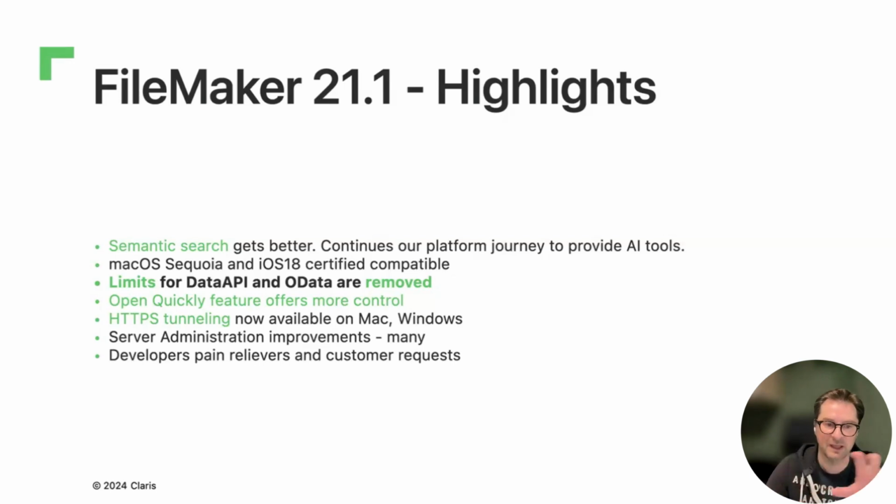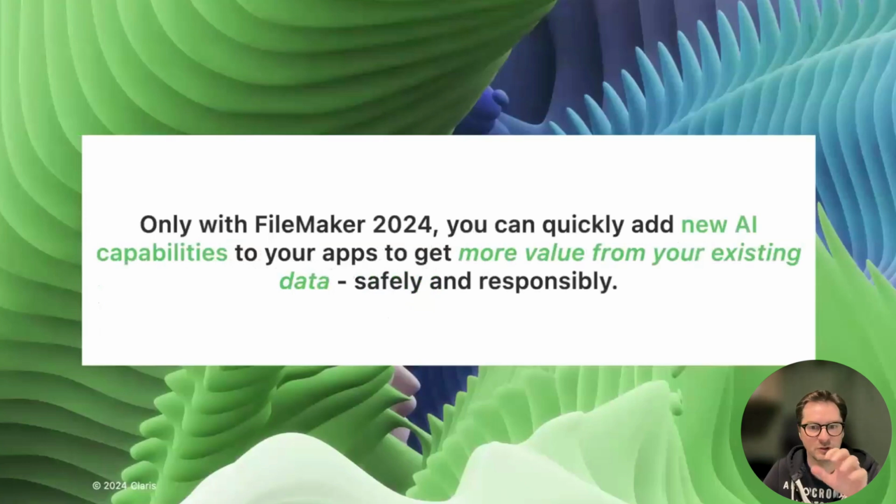We'll talk about that. And then we've been working essentially on removing a lot of pains that developers have when they're creating solutions within FileMaker. So I'm going to start off with the slide that I showcased when we did FileMaker 2024. The messaging around FileMaker 24 is that we do believe AI is really important, and we want to make sure you can start using it in your apps where the amount of work that has to be done is not that much.